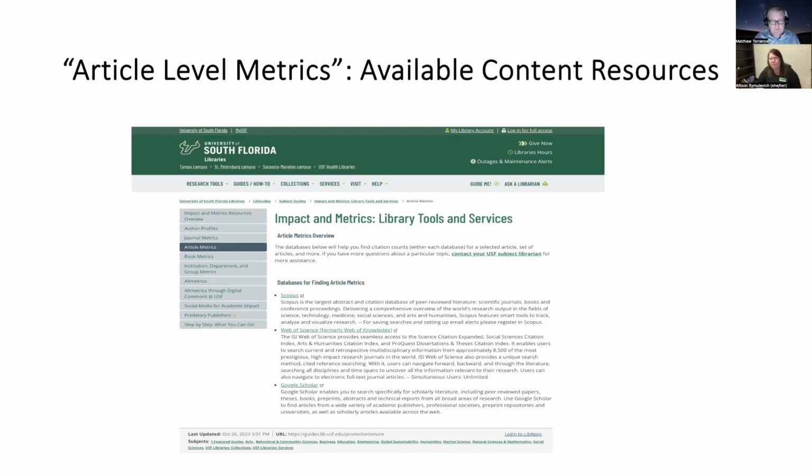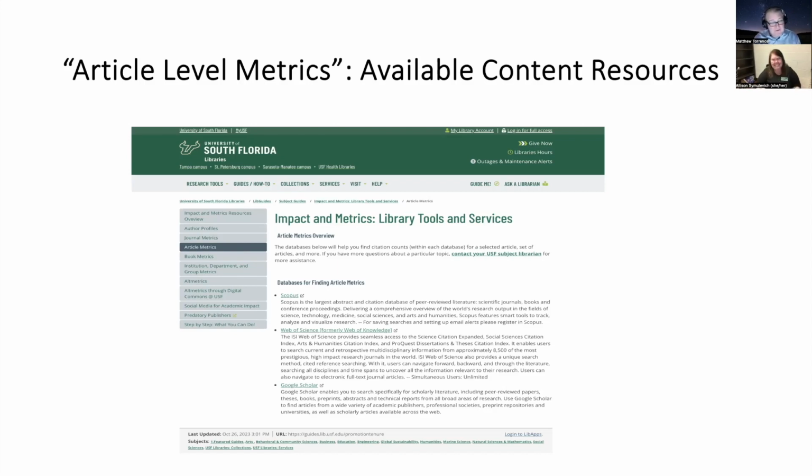We do research consultations or impact consultations with faculty members to help them with this, because we know that these are not resources that they use every day. And as Matt already said, we kind of take for granted what we know, and maybe other people don't know about these resources. So anyway, article level metrics are a bright and shiny thing.